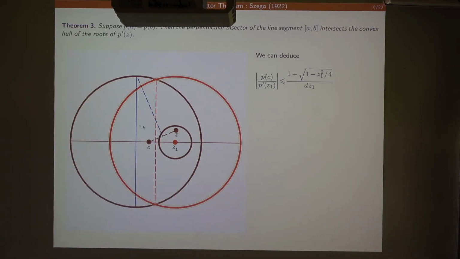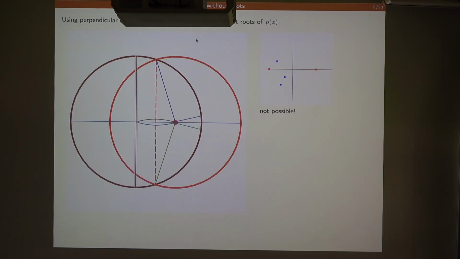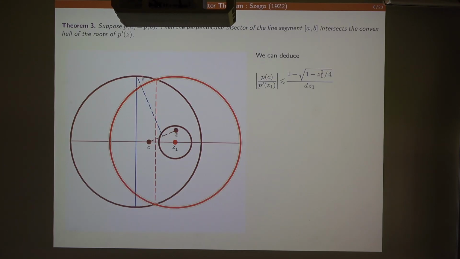And the consequence, if you have a root here and all the roots of the derivative in this lune, then the perpendicular bisector intersects the convex hull of the roots of the derivative. It's a very, very good application of this result to attack the conjecture.